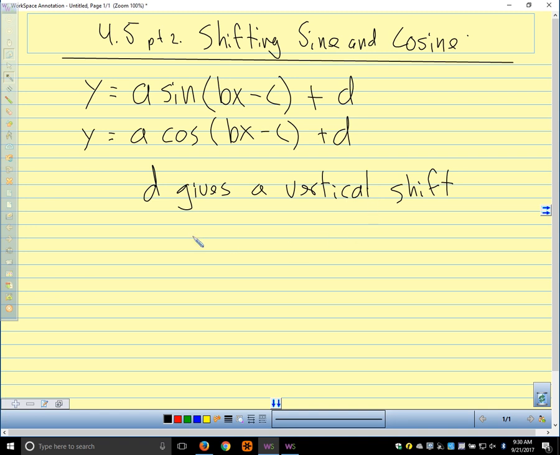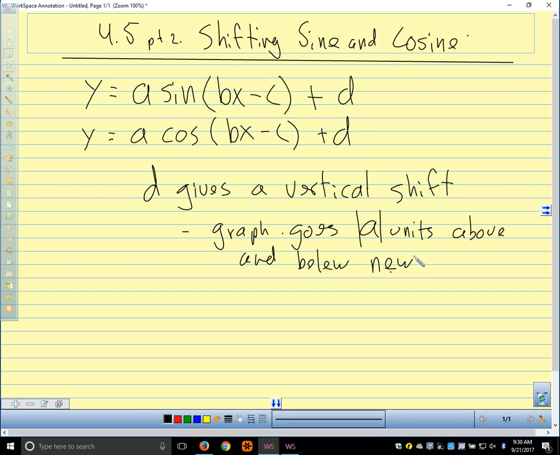And after our vertical shift, our graph goes A, absolute value of A, our amplitude, units above and below our new axis.